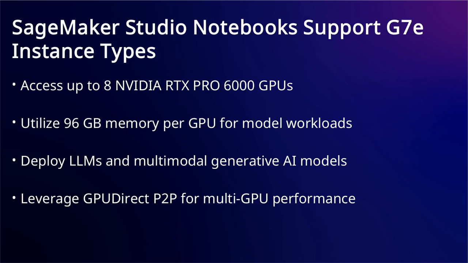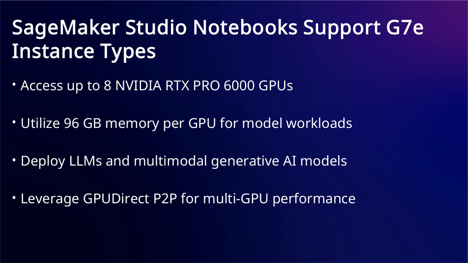Developing and deploying large language models, multimodal generative AI, and spatial computing workloads require substantial GPU memory and high-performance compute resources. You can now use G7e instances in SageMaker Studio notebooks to access up to 8 NVIDIA RTX PRO 6000 Blackwell Server Edition GPUs with 96 GB of memory per GPU. You can utilize GPUDirect peer-to-peer technology to boost performance for multi-GPU workloads, reducing data transfer bottlenecks between GPUs.